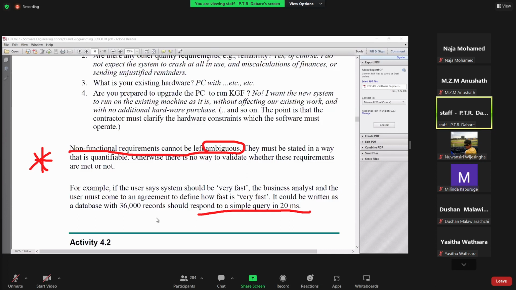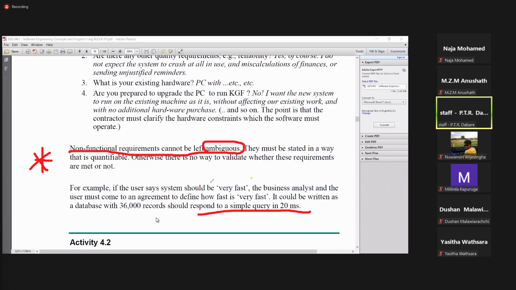Okay, let's clear this up. If I say very fast, for example, take a bank ATM system. If I check the bank balance using an ATM system and it gives me the answer in half a minute, I'm okay with it.